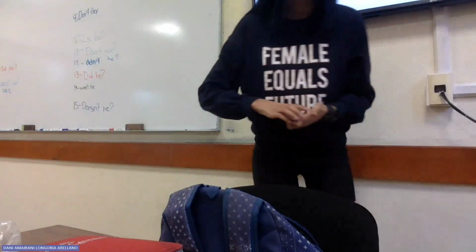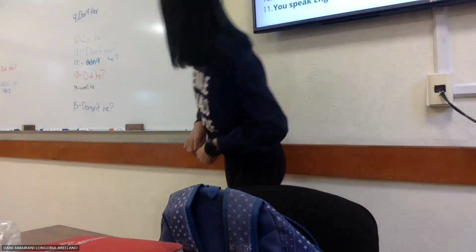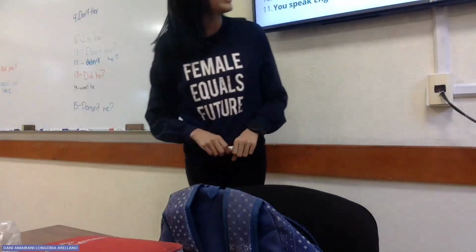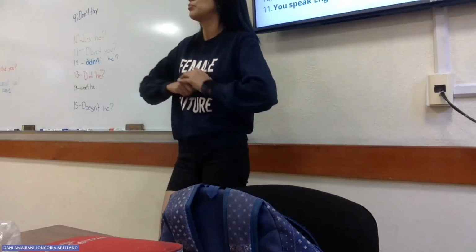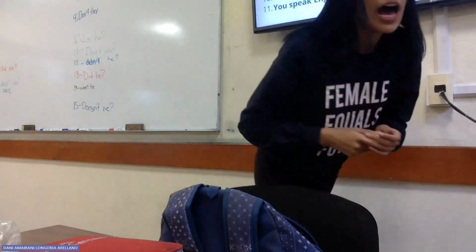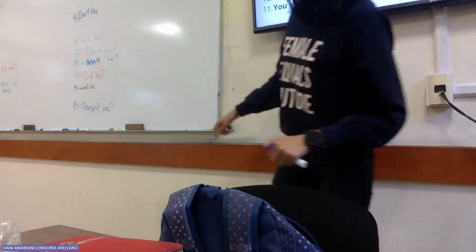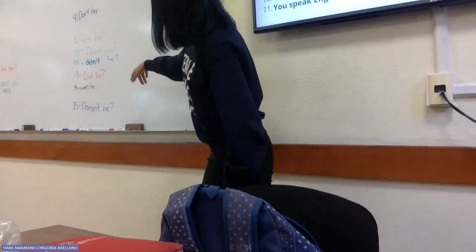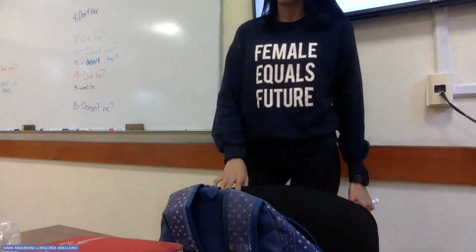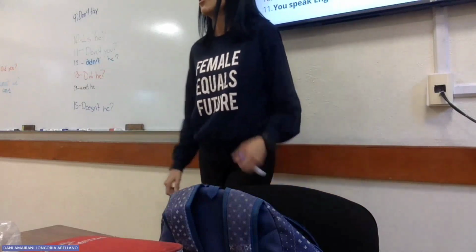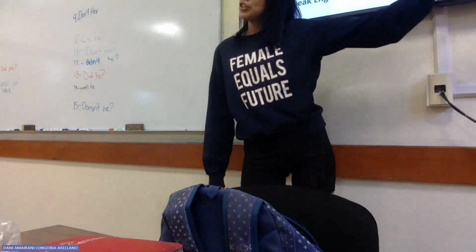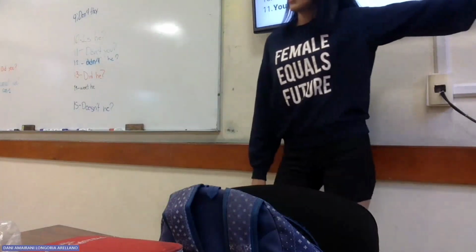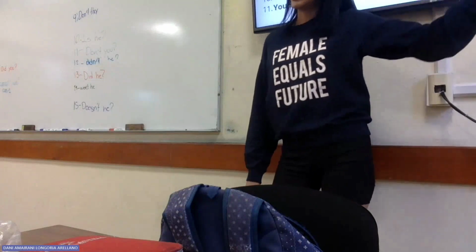Okay? So the number 13, he didn't say the truth. Did he? Is it okay? Yes. And he will do the shopping. Won't he? Yes. Why? Because we have will, that is the future, in its negative form, won't.